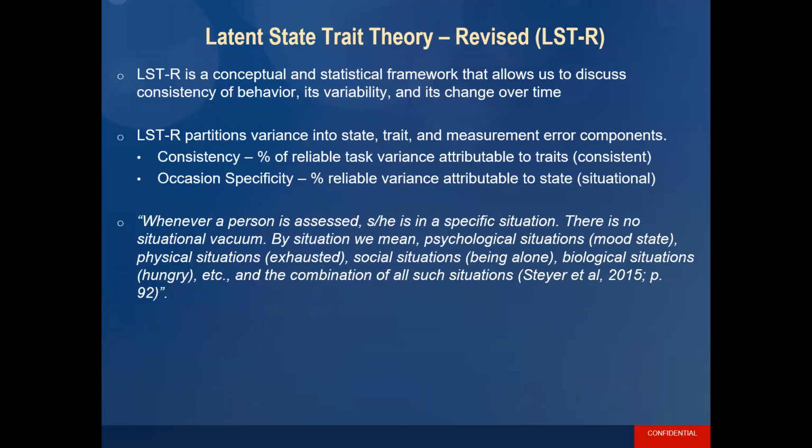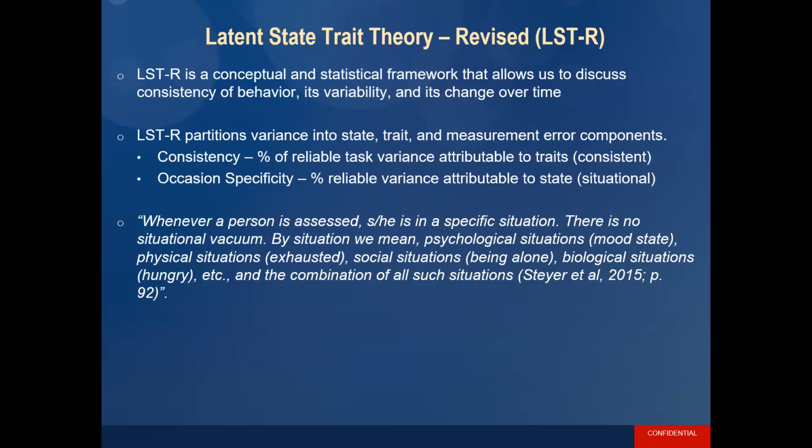So this leads us to latent state trait theory. And latent state trait theory is a conceptual and really a statistical approach for thinking about the consistency of behavior over time and thinking about ways of modeling information to understand how much of the, in our case, executive function performance is consistent across time.